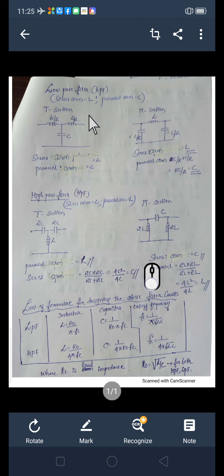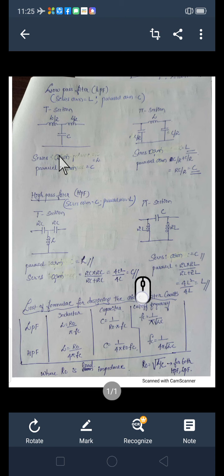So you can see here there are two L's. As they are in series, with L by 2 each, the total will be L by 2 plus L by 2, that is 2 times L by 2. If we cancel the 2 in the denominator and 2 in the numerator, we will get total L. Therefore, we have taken it as L by 2. This single C is no problem.